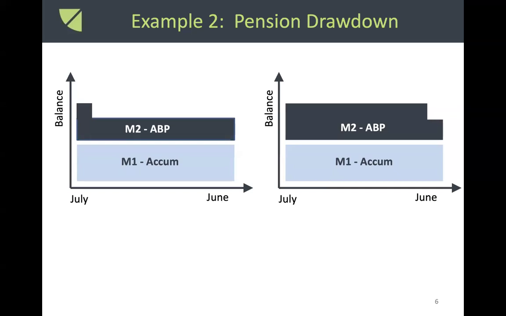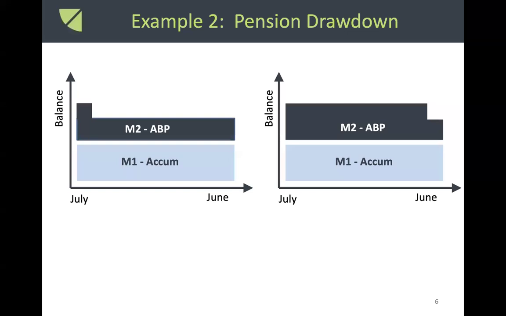Contrast that with the right-hand scenario where M2 has kept the pension balance as high as possible during the year and only drawn down at the end of the year. So I think you can see there, based on the shapes, that the ECPI percentage is going to be higher on the right-hand side because we've got more balance in pension for longer.